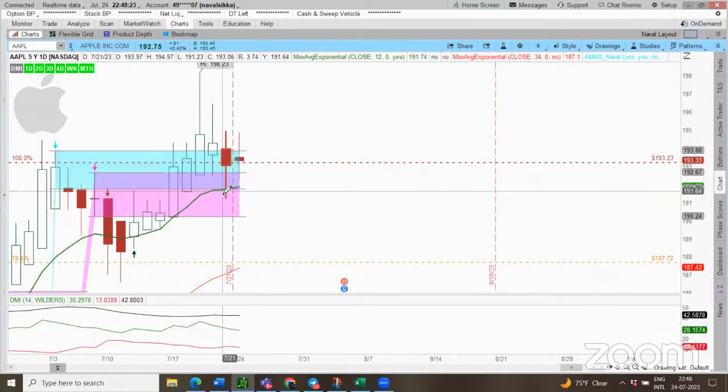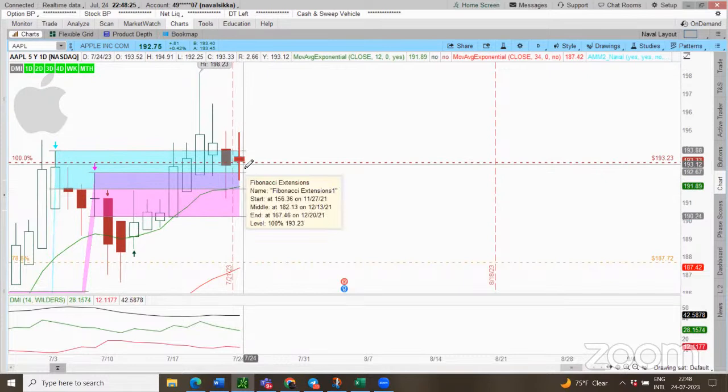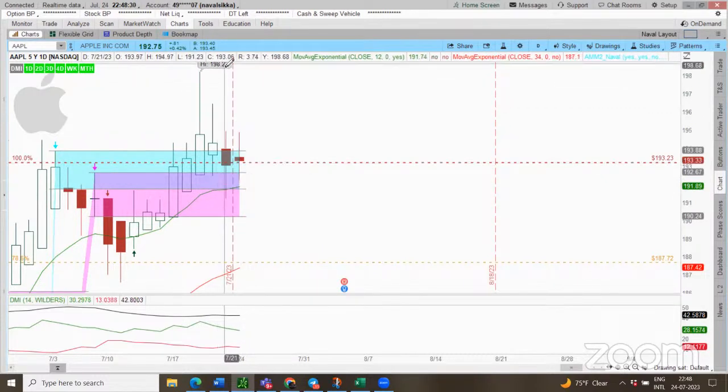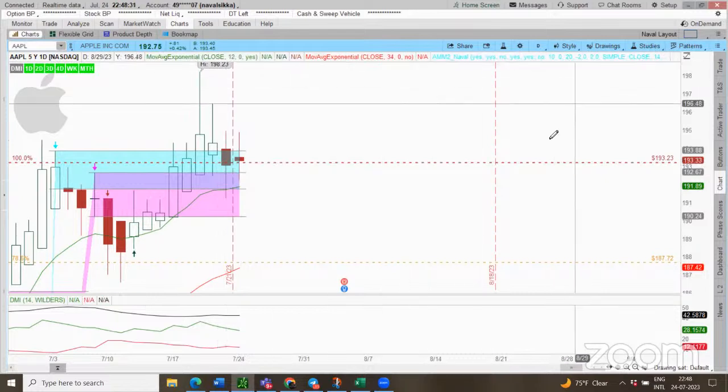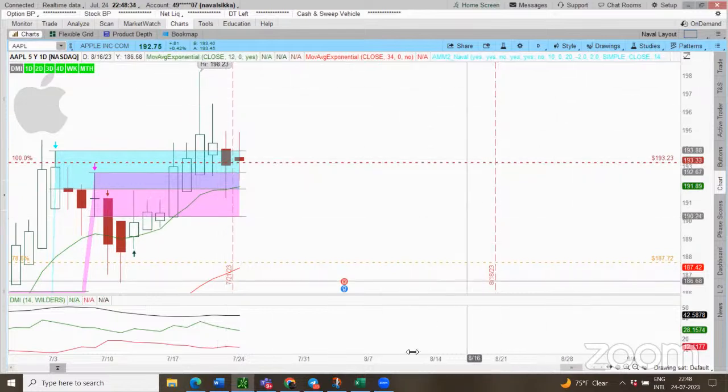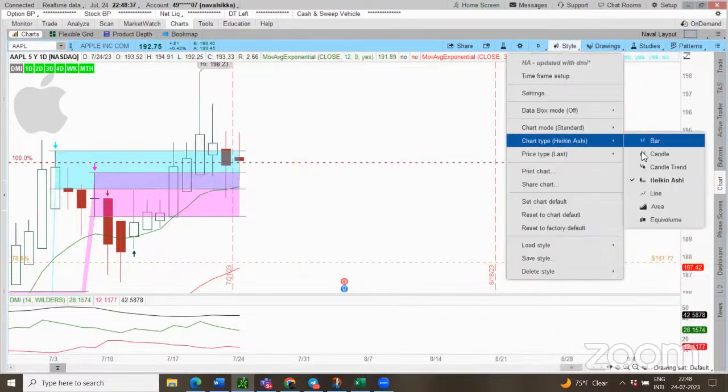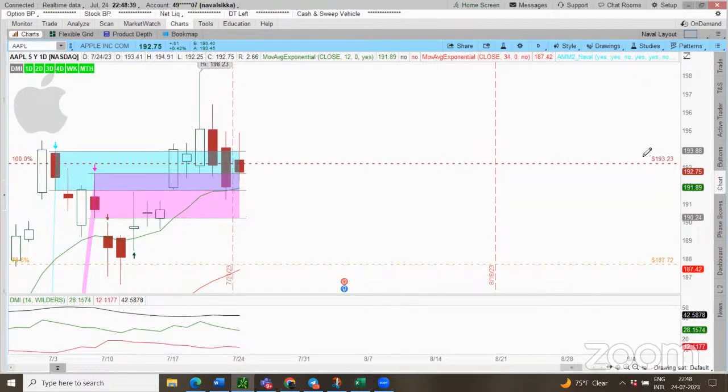It did the backtest of the 12 EMA yesterday. Today it came and hovered around 193.20. It shows some strength, but I really doubt we'll have a move in Apple tomorrow unless we have a really positive catalyst.